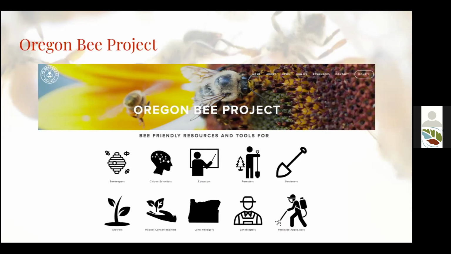They've also compiled an incredible list of resources for people, ranging from what to plant in order to support pollinators, to how to put up solitary bee habitats, how to minimize risk to bees if you have to apply pesticides, or how to landscape in a way that is helpful for bee habitat. It's a huge resource that I highly recommend looking into if this is a topic that you're interested in.